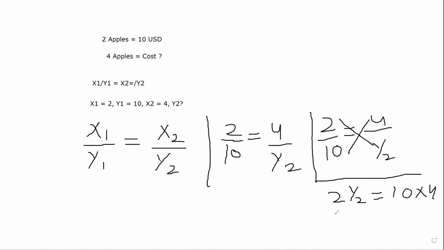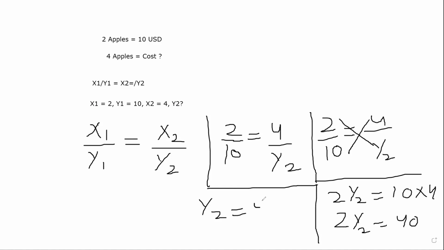So 2y2 is equal to 40. Now we need to figure out the value of y2. If this is multiplying here, when we send it over there, it will be divided. So 40 divided by 2, and the answer would be 20.